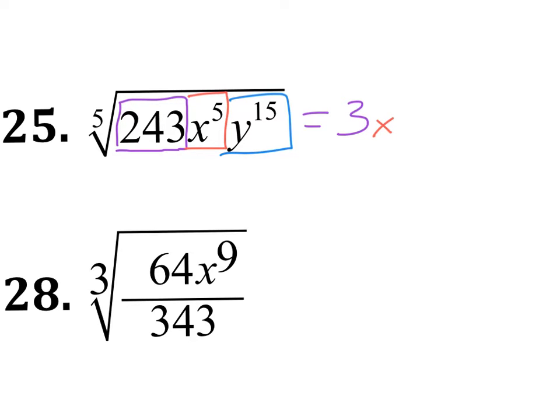Well, the next one here, y to the 15. All we do is take that exponent, the 15, divide by the index 5, and we end up getting 3, so that's my result, y to the third power. And there we go. So dealing with the letters is far easier because it's simply a matter of division instead of a matter of actually computing the root.